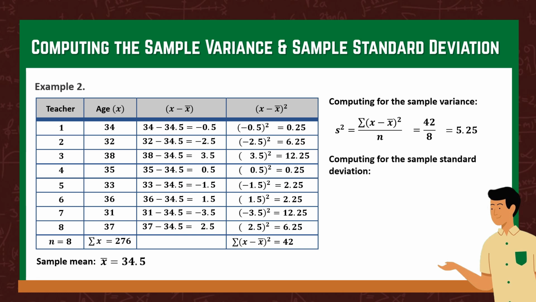And to compute for the standard deviation, we have this formula and substitute the square root of 42 divided by 8, or just simply the square root of the variance, which is 5.25, and the result is 2.29. So our computed sample variance is 5.25 and our computed sample standard deviation is 2.29.